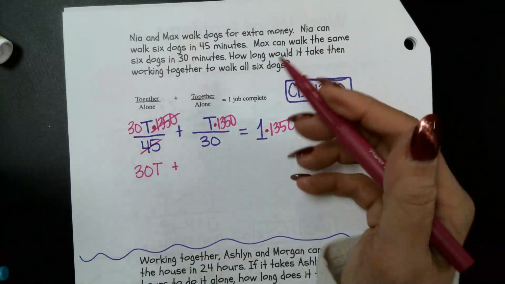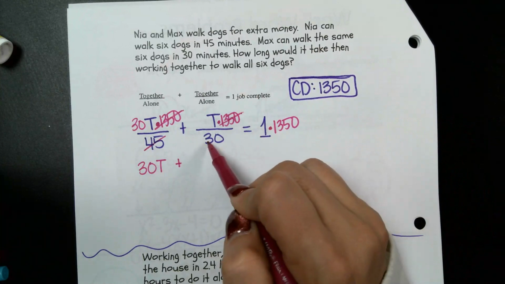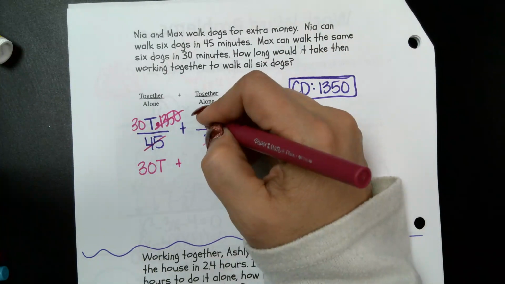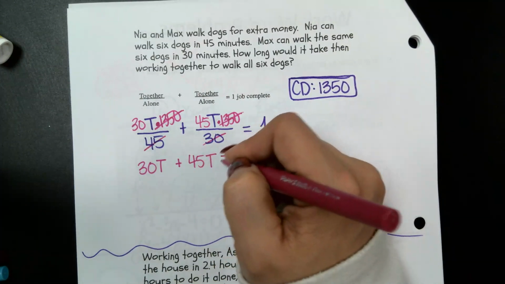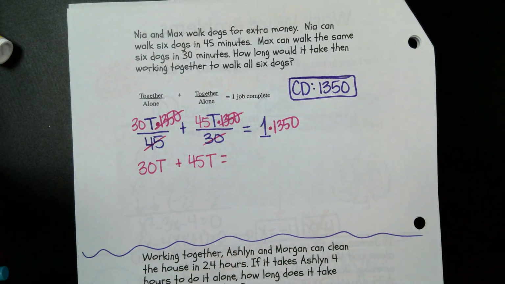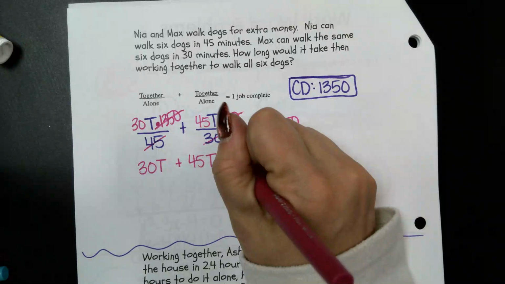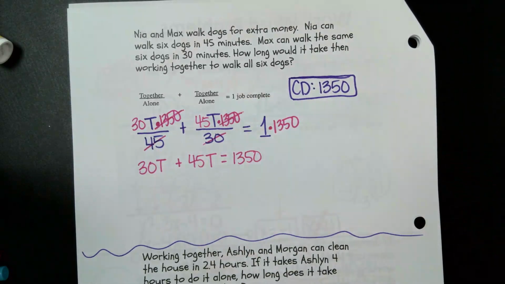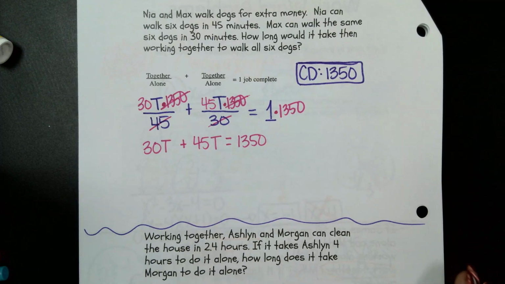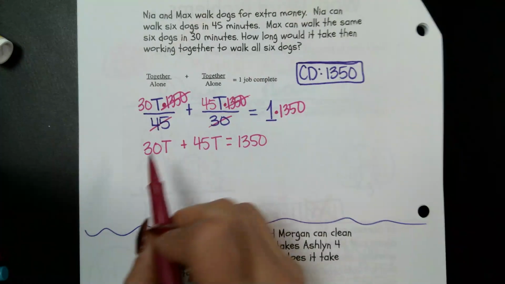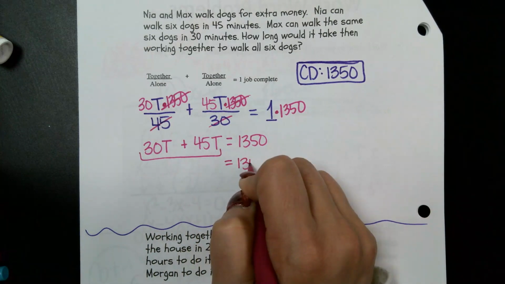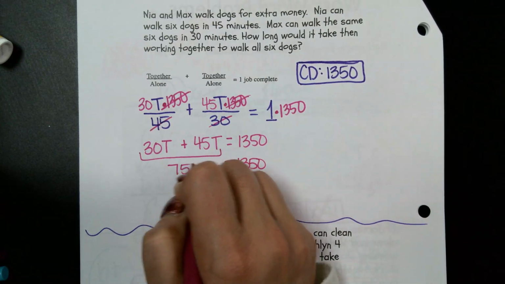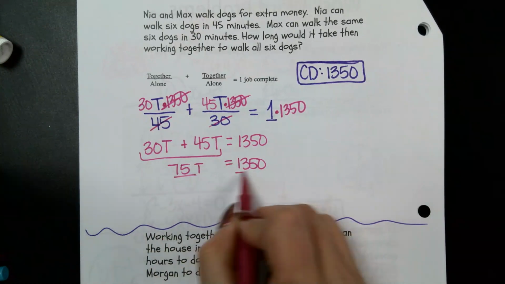Plus, if you take 1350 divided by 30, it leaves behind 45t equals, and then on the right side, 1 times 1350 is 1350. So now we can just add and then divide, right? Add these two, giving us a total of how much? 75t. And then we'll do our division.